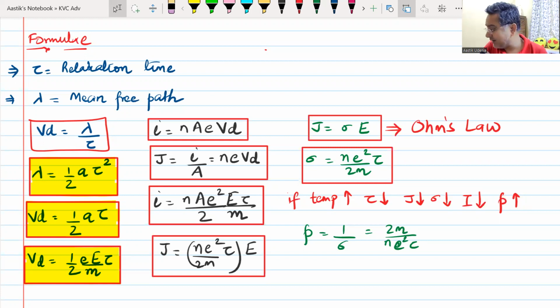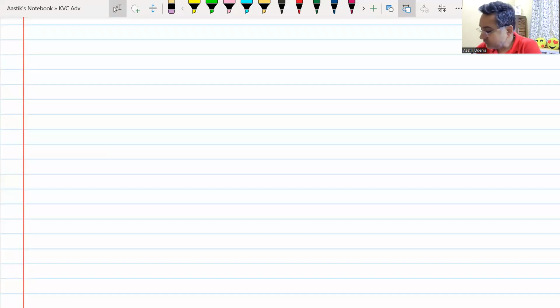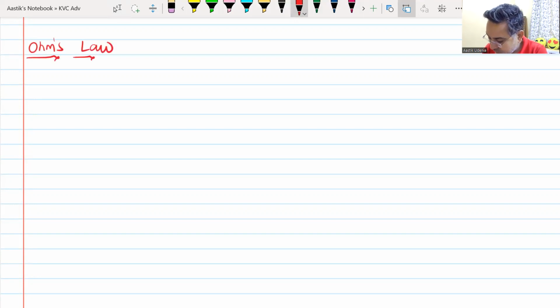Then you can move ahead and write the next statement, and the next statement is known as Ohm's law. What do you mean by Ohm's law?